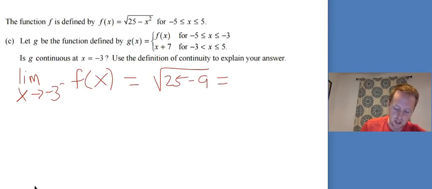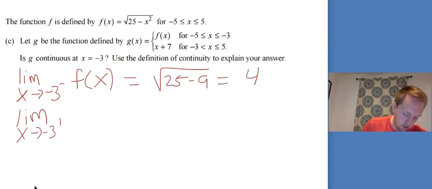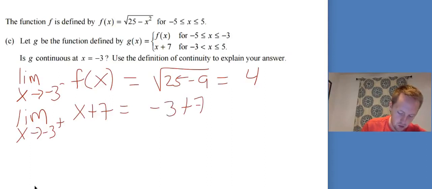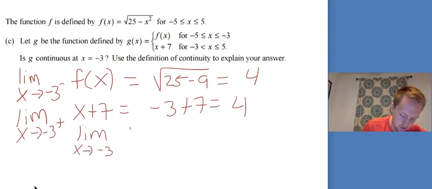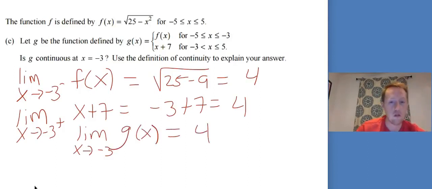So square root of 16, so 4. Okay? Now we're going to look at the limit as x goes to negative 3 from the right, and that's going to be for x plus 7. And that's negative 3 plus 7, which is 4. Okay, so it appears the limit as x goes to negative 3 for g of x is 4. Okay, so far so good.